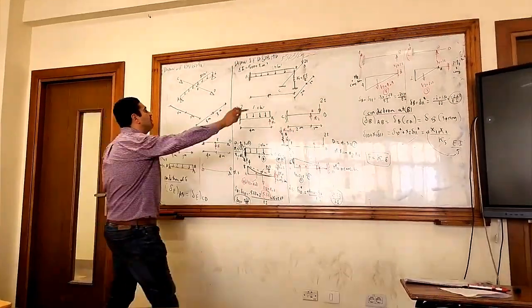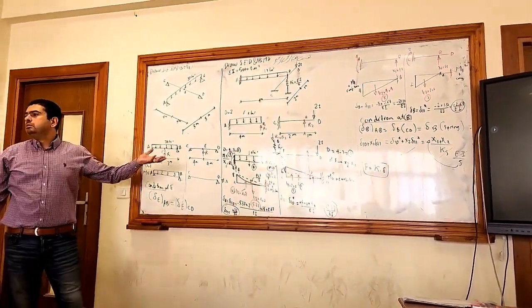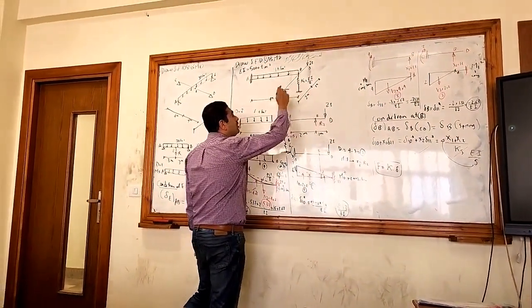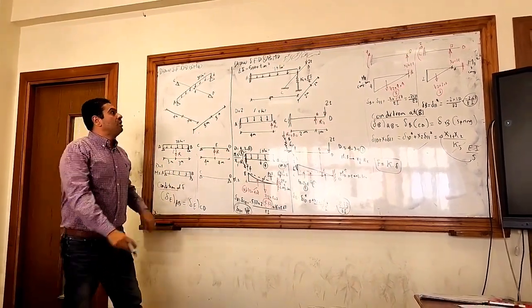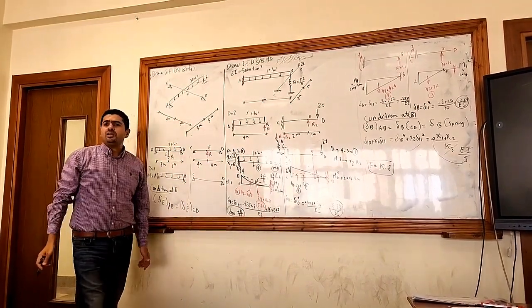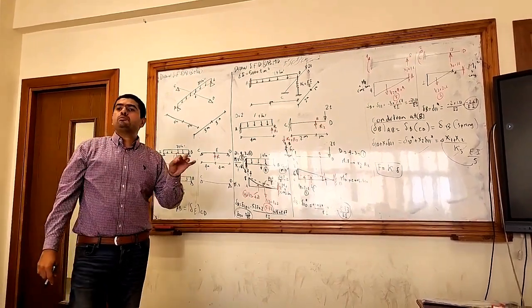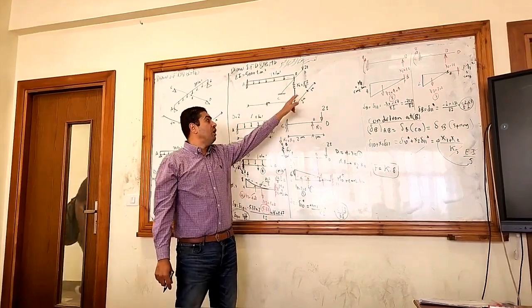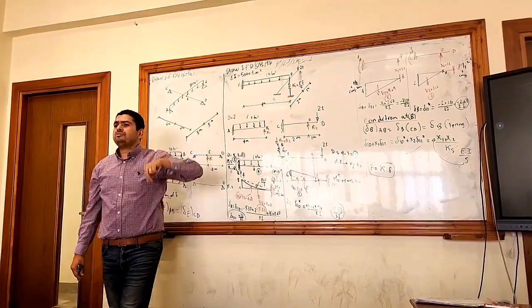So here when he gave me the value of EI, it was just a trick. I will not use it, because on the other side he gave the stiffness of the spring in terms of EI. When will I use the value of EI? If he gave me the value of the spring stiffness, like 2000, 3000, whatever, not in terms of EI. But here, he gave me the spring stiffness in terms of EI, so I don't need the value of EI, the 5000, I will not use it.